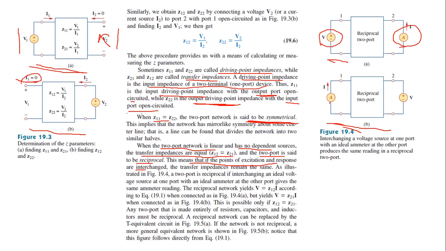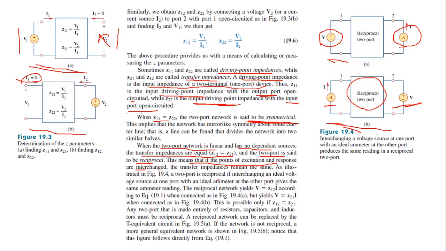That means the ammeter is connected to port 1 and the voltage source is connected to port 2. If it is a reciprocal network, we will get the same response for the two circuits, because these two are reciprocal networks.